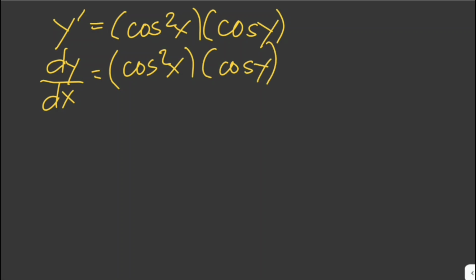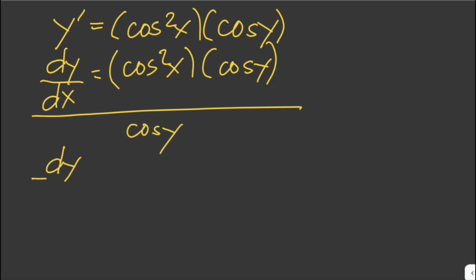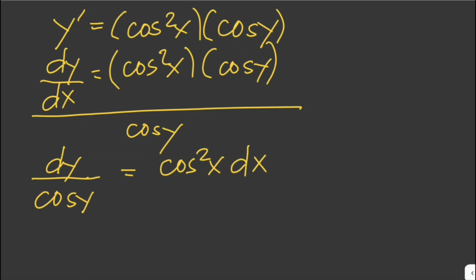And now we need to group all of the terms that contain x with dx and y with dy. So we divide both sides by cosine y, then we'll have dy over cosine y on the left, and then cosine squared x, we multiply this one by dx on the right side.